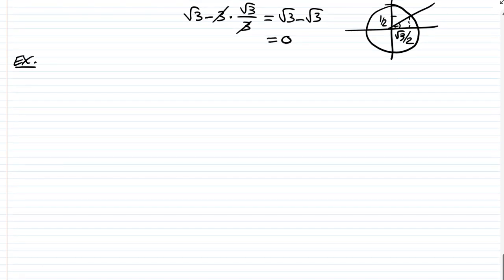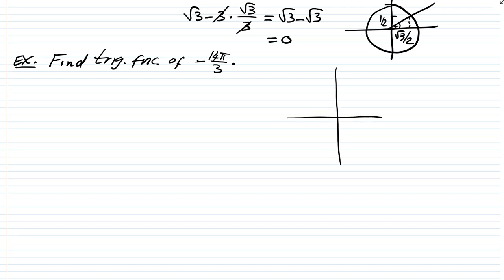Let's take a look at another one. What if I want to find the trig functions of negative 14 pi over 3. Negative 14 pi over 3. Well, let's see what that is, first of all, in terms of degrees or even radians. Now, pi over 3 is 60 degrees, so 14 times 60 degrees is the measure of the angle.